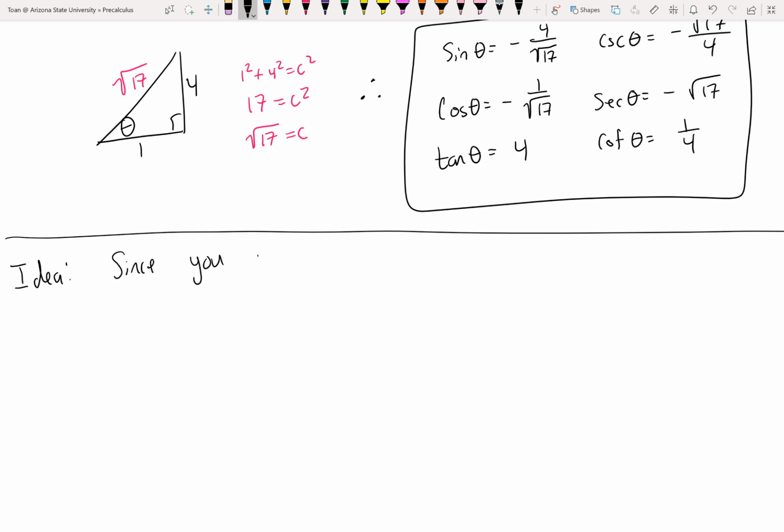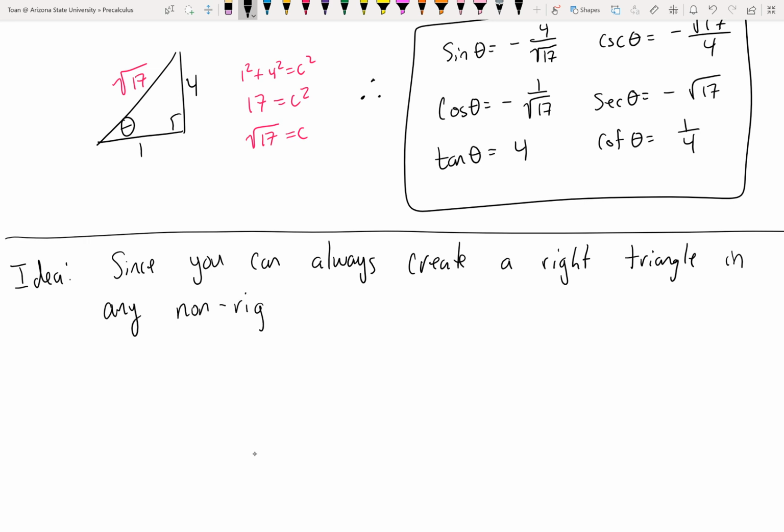Since you can always create a right triangle in any non-right triangle by creating an altitude.